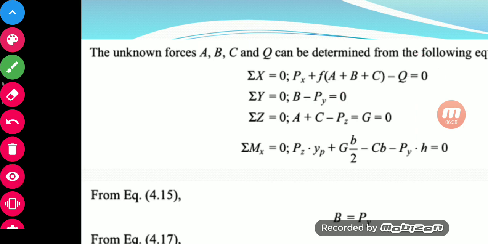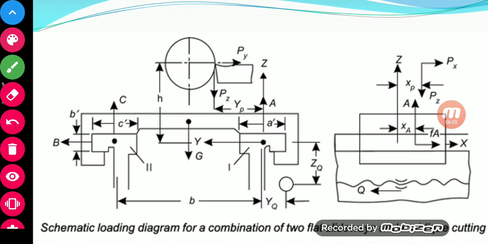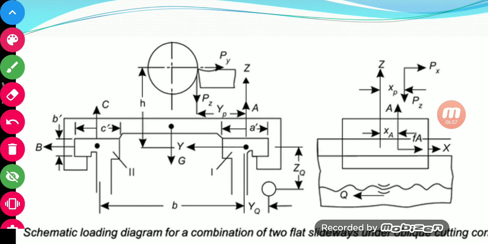Having understood the first equation, let us move towards the second equation, which is kind of simple. It tells us that there are only two forces, B and Py. Let us look at the previous slide, and here we go. Py is in this direction.